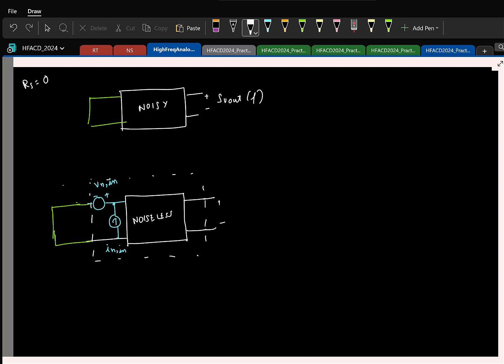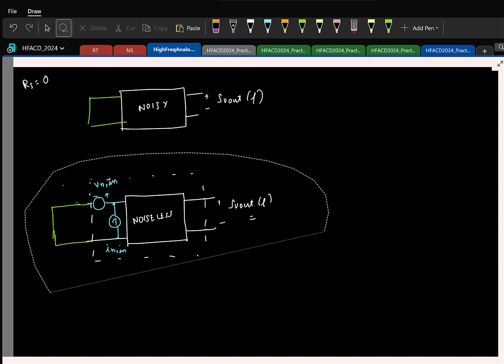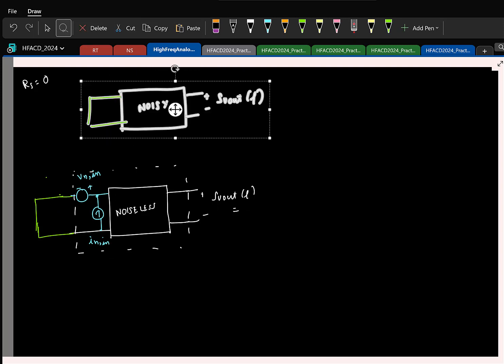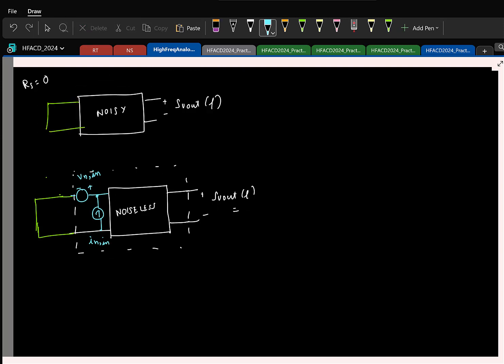So here in this model, what will be the output? Let us say Svn in of f times the transfer function. Here we are looking at voltage to voltage, so it is some H of f.